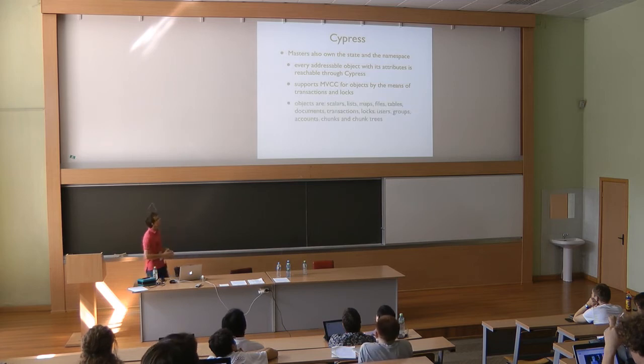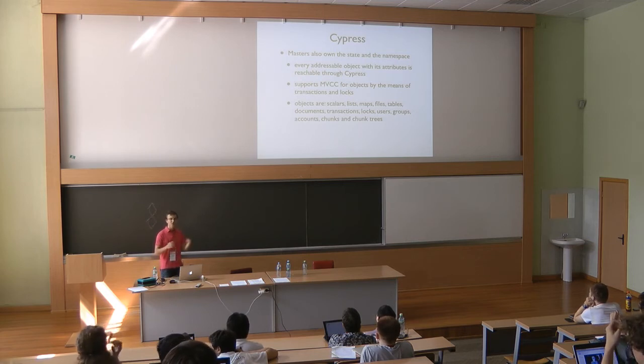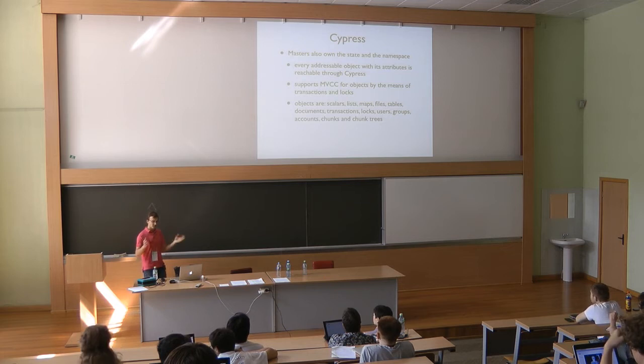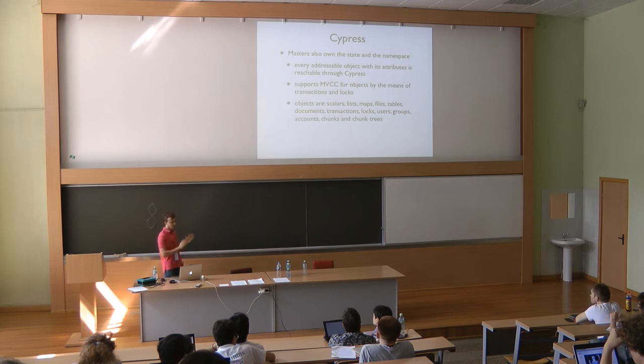Well, the objects which I'm referring to constitute two major parts. The first part of the objects are data structures like scalar values, maps, and lists. And the other part of the objects are specific to distributed computing.